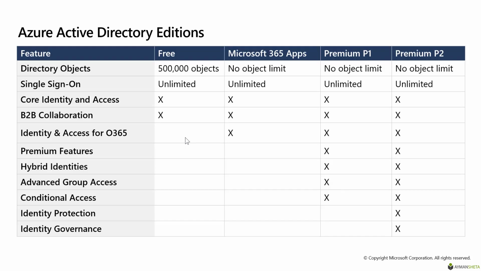Moving next to the different editions of Azure Active Directory. We have four editions, starting from the free one, Office 365 apps, Premium 1, and Premium 2. Of course, the free edition will not be usable within the business.